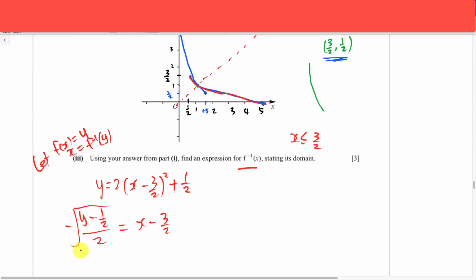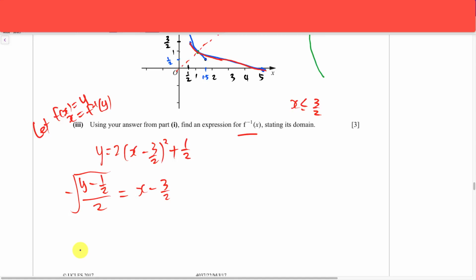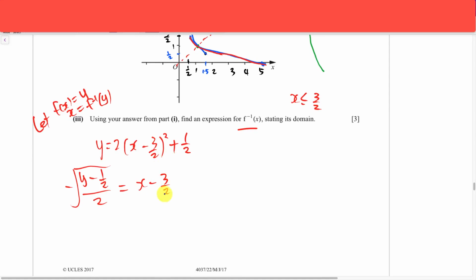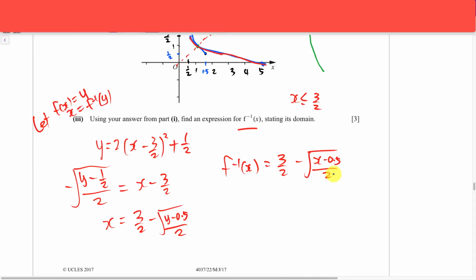If positive, it would be bigger, right? So then I will add 3 over 2, so my x basically will be 3 over 2 minus the square root of (y minus 0.5) over 2. So my f inverse of x here should be 3 over 2 minus the square root of (x minus 0.5) over 2.